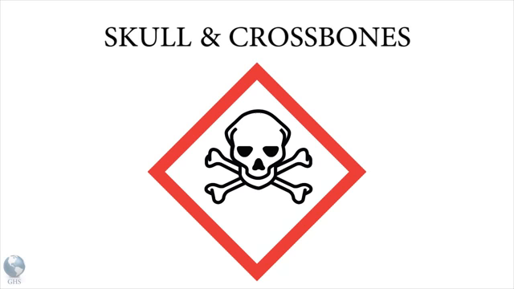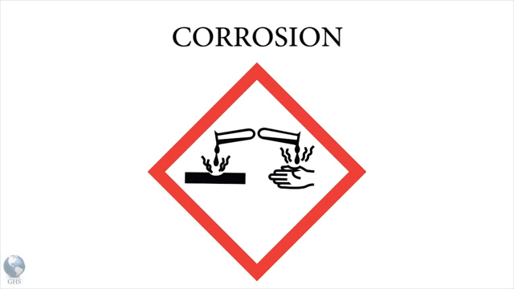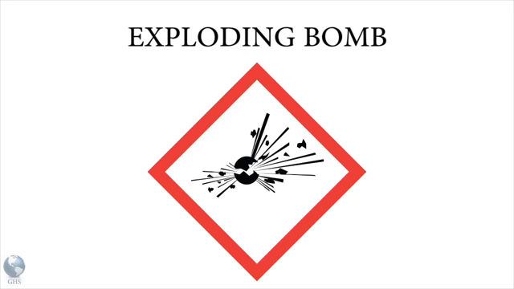Chemicals with acute toxicity are chemicals that will produce adverse effects following a single dose of the substance. The gas cylinder pictogram alerts you to the physical hazards inherent in the use and storage of compressed gas. The corrosion pictogram should prompt you to be especially aware of PPE and storage requirements. Chemicals marked with an exploding bomb pictogram pose a significant physical risk and should be treated with extreme caution.